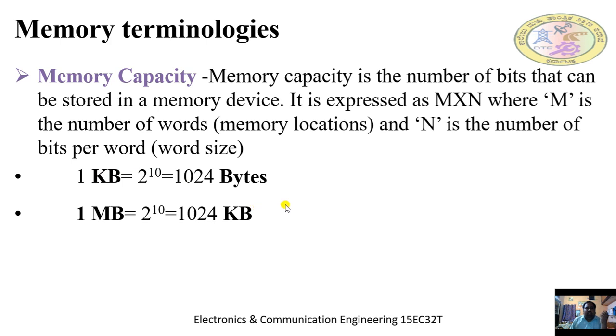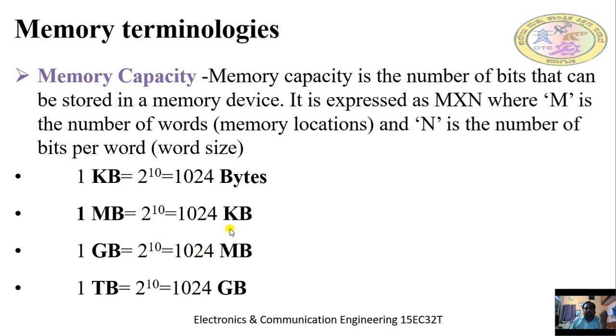Next one is 1 MB. 1 megabyte is equal to 1024 kilobytes, that is equal to 2 to the power of 20. Next, 1 GB. 1 GB is equal to 1024 MB. And 1 TB is equal to 1024 GB.